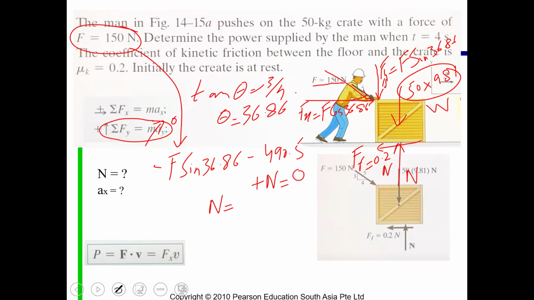You simply add the F sine 36.86 term. 580.5. So we got the value of the normal reaction, 580.5. Now we'll execute the second one. What should we write for the second equation? How many forces do you see in the x direction?